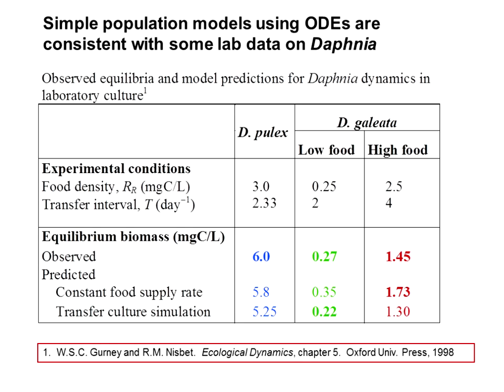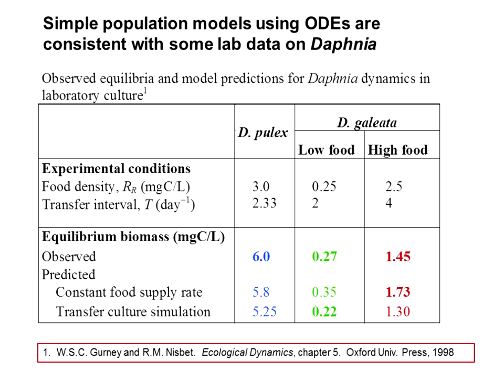The next two slides are lifted from the Ecological Dynamics textbook. The details don't matter. They're there simply to demonstrate that simple population models using ordinary differential equations are consistent with some population data.